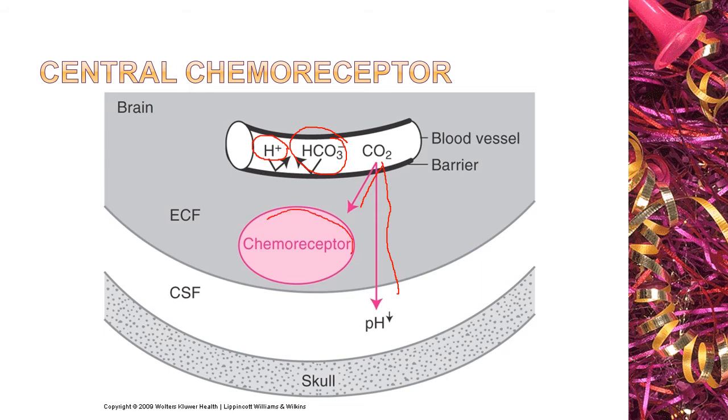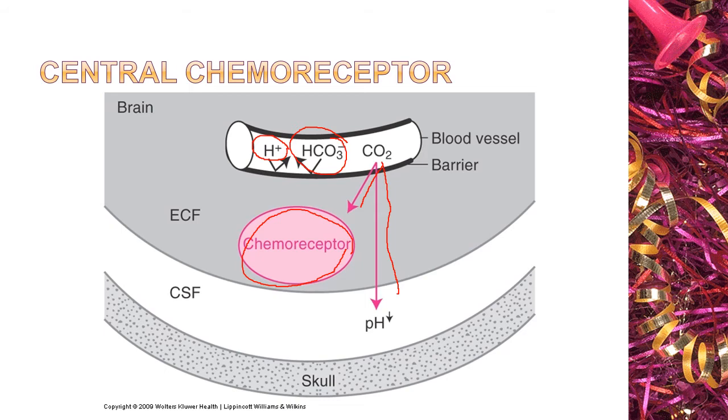Now the chemoreceptor that we're talking about here is the central chemoreceptor, and central chemoreceptors are very sensitive to change, and they are affected by the pH change because of the proton ion that is produced through the carbon dioxide that has diffused out from the blood vessel.